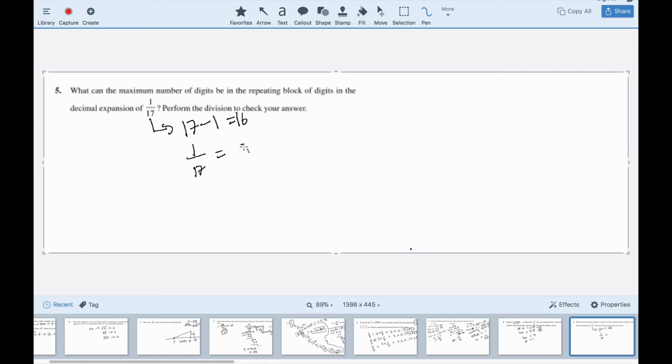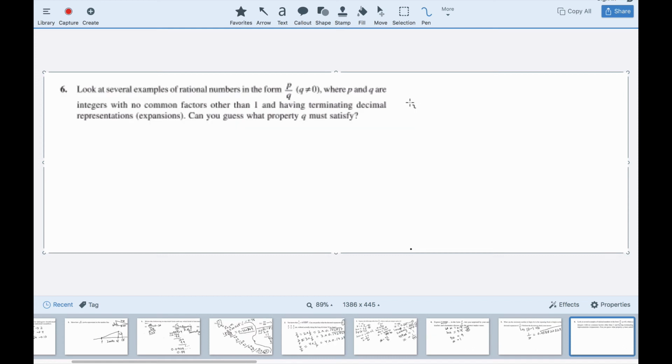So the answer you will get is 0.88235294117647, and if you count the number of digits, they will be 16 and they will keep on repeating. This can be checked on a scientific calculator. Okay, moving on to the next question.